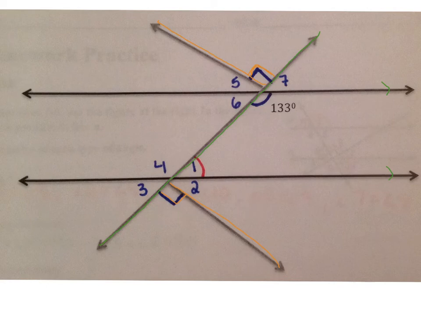So the angle given is 133, and there is no really vertical angle, but let's see, measure angle 6 and 133 make a straight line. So 180 minus 133, or 133 plus what is 180?